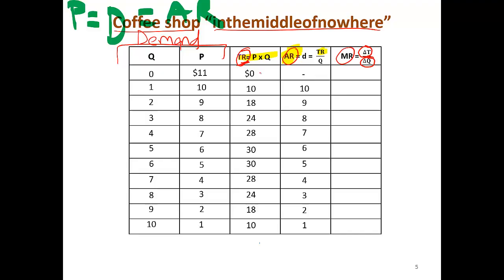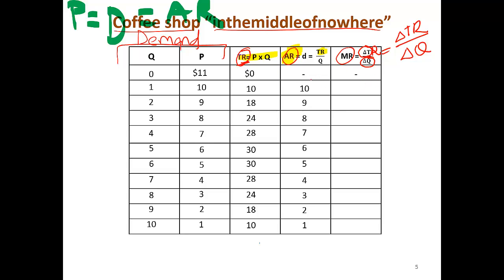Change in total revenue divided by change in quantity. By the way, this only says T, but it's supposed to be total revenue. I would like to correct that. Marginal revenue for the 0 units obviously can't be calculated.